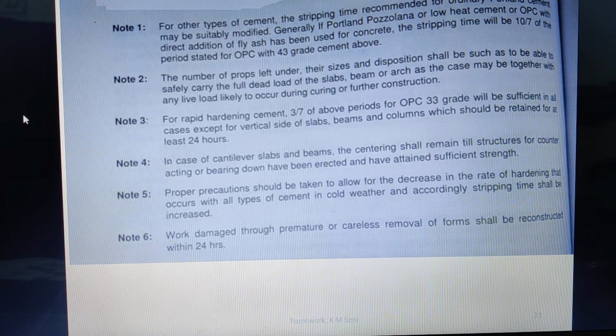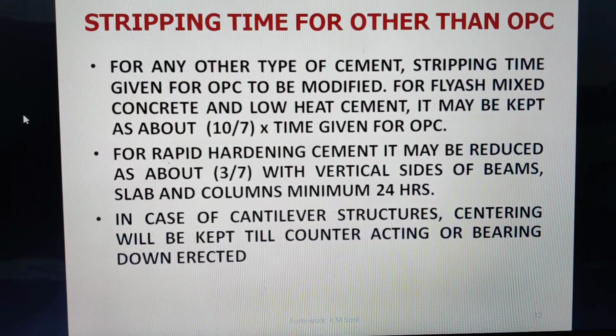And if we are using PPC, then it is generally a multiplication factor of 10/7 with respect to OPC of 43 grade. And if rapid hardening cement etc. is used, then this is to be adjusted for that, and it is normally 3/7, a multiplication factor.